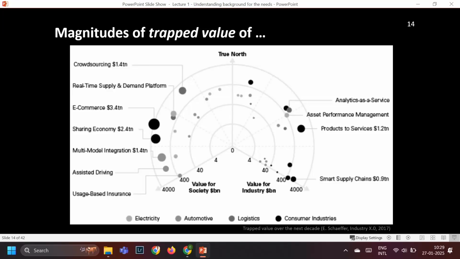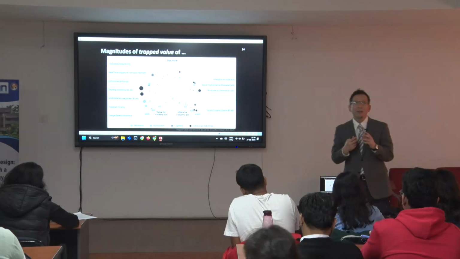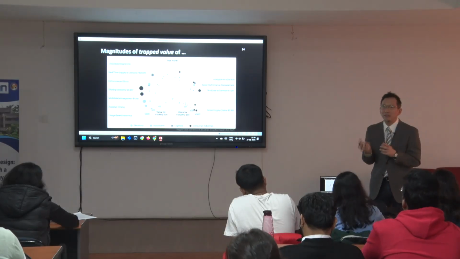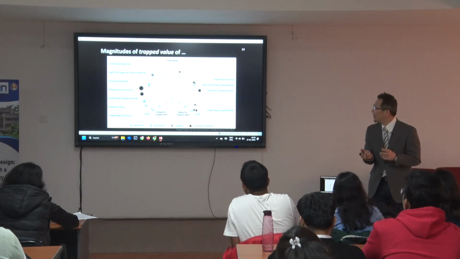And another piece of interesting information is taken from a book named Industry X.0, published in 2017. This graph visualizes what sectors have hidden markets, meaning that there are needs, but businesses are not yet materialized enough.